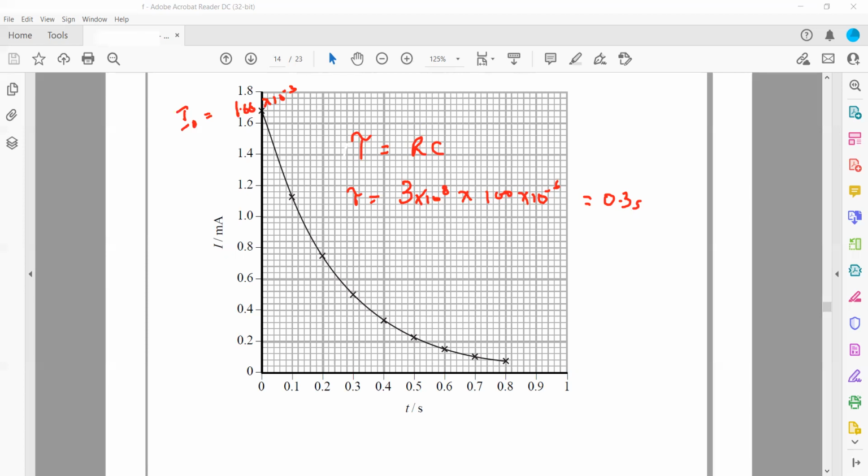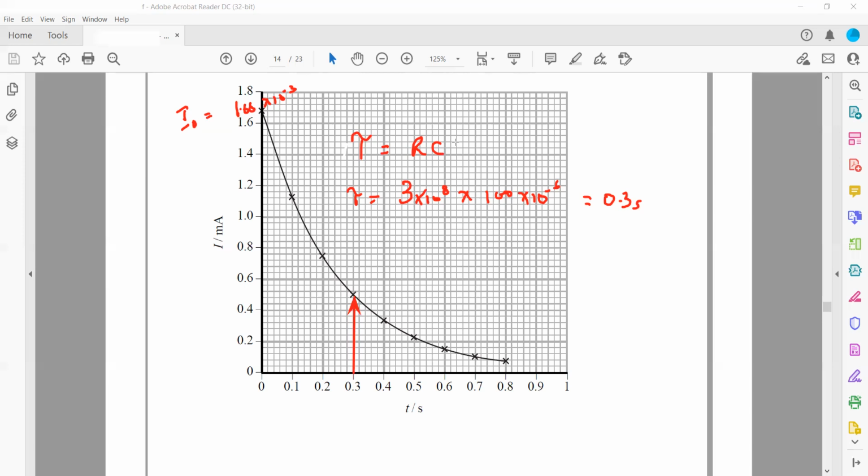So it will be 1.68 multiplied by 63 divided by 100. Because using the graph we have to show it is consistent, we have the value of I naught.